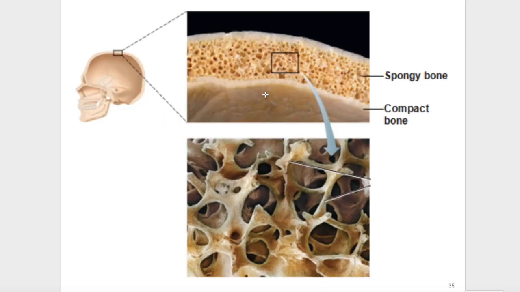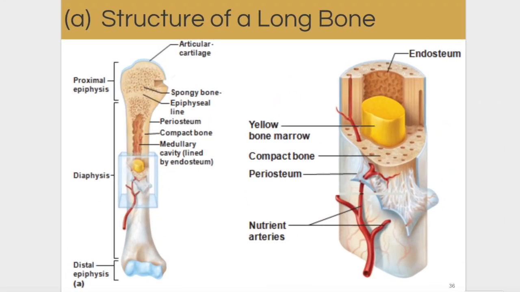Looking at an image taken from a little section of our skull, we can see what that looks like in real life, and you definitely get that sense of that spongy appearance here and that compact bone on the outermost edge.